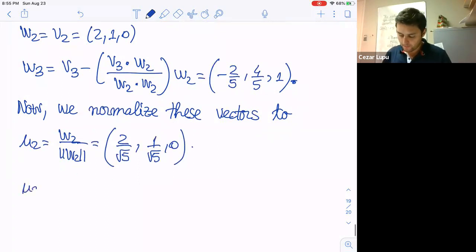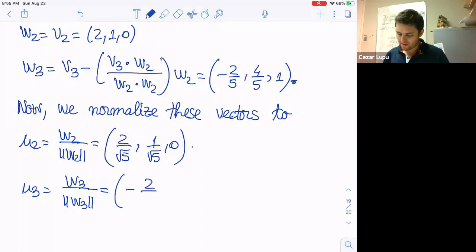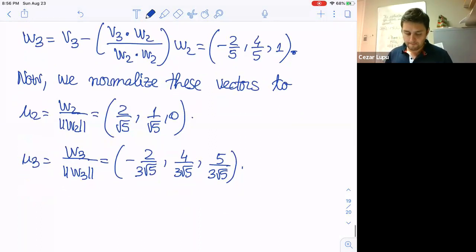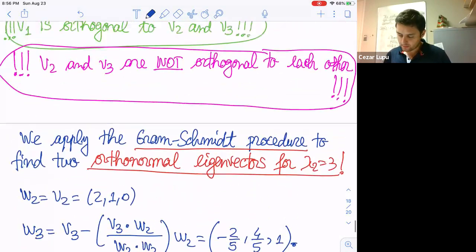And now U3 will be W3 over the norm of W3, which will be negative 2 over 3 root 5, 4 over 3 root 5, 5 over 3 root 5.